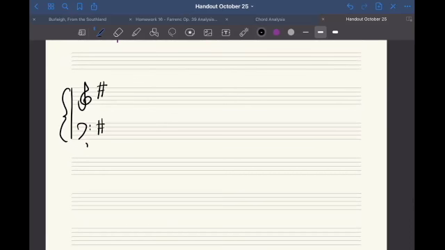So let's say we're in G major. When you're building triads off of a Roman numeral, which is what we'll be doing, the Roman numeral gives you all of the information you need in terms of what pitches you need. So let's say we're in G major and I'd like you to build a 1 chord in SATB texture.